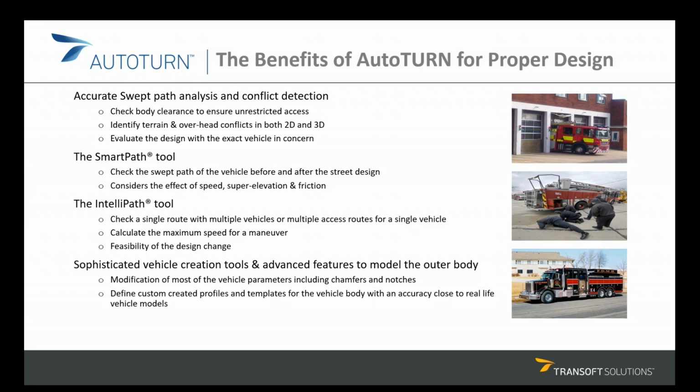Also, with the sophisticated vehicle creation tools, which allow the modification of most of the vehicle parameters, including the chamfers and notches of the vehicle, and advanced features like custom created profiles and templates for the outer body modification in AutoTURN, we are able to define the vehicle body with an accuracy close to real-life vehicle models.